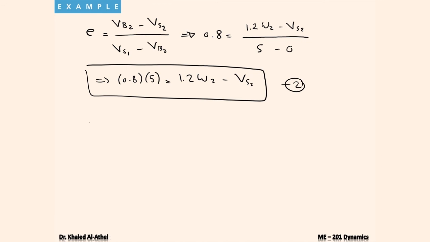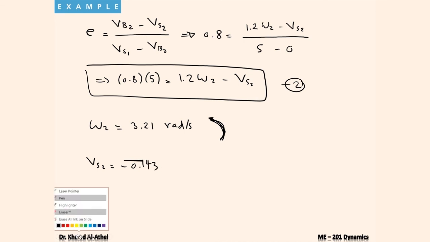Solving these two gives omega 2 equals 3.21 radians per second. It came positive, therefore my assumption of counterclockwise was correct. Then Vs2 came to be minus 0.143.